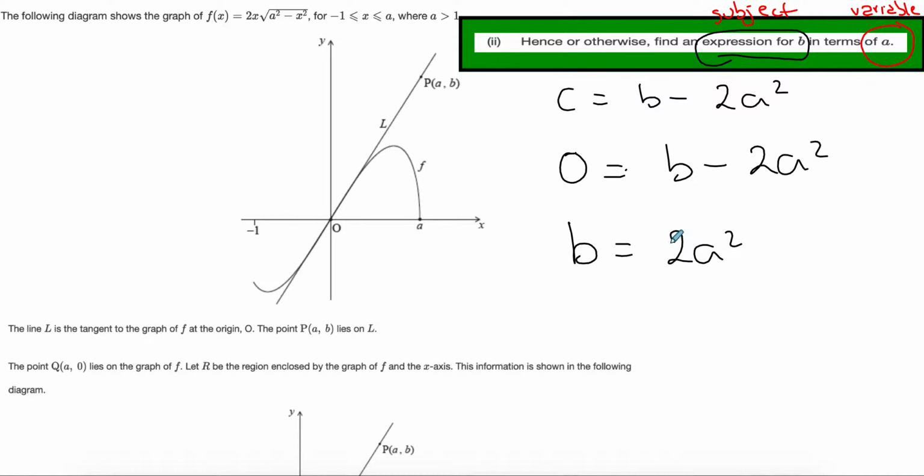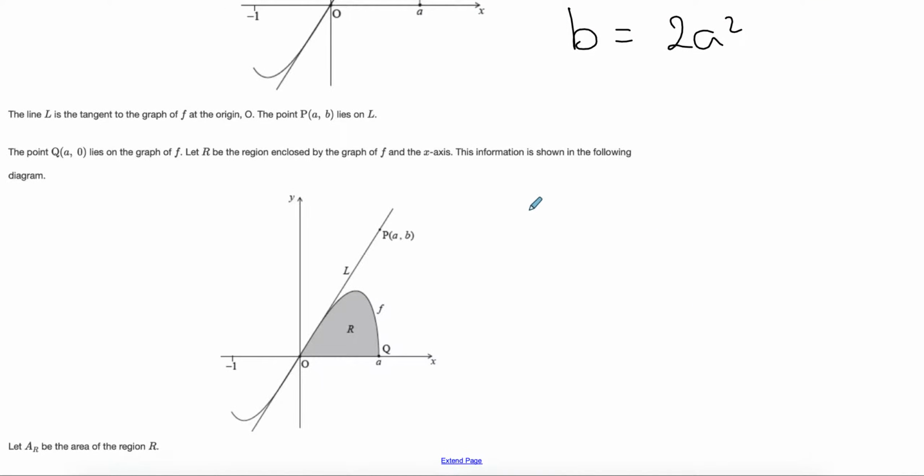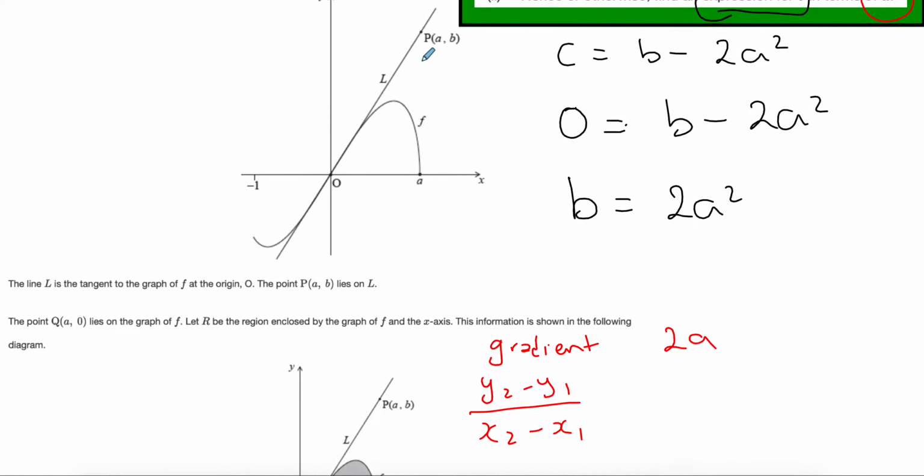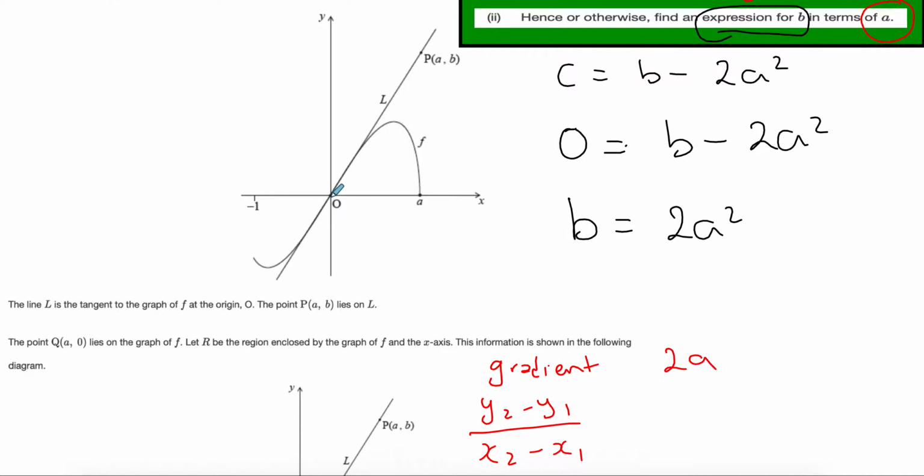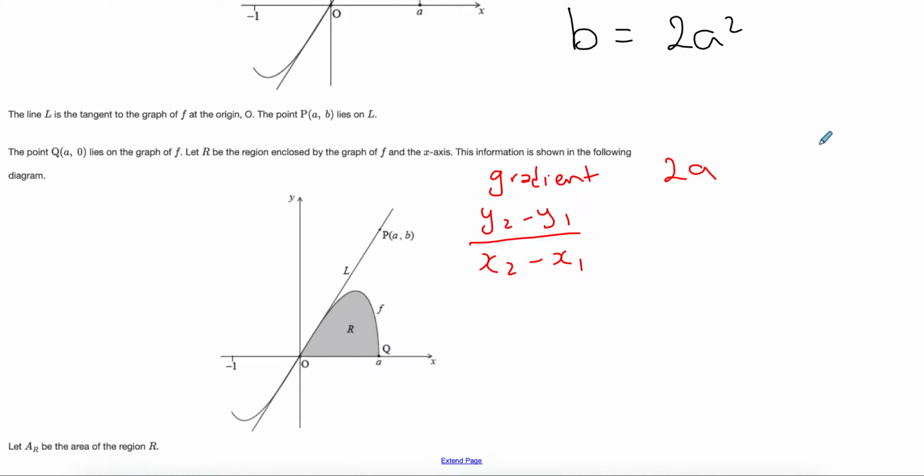Now this is one method to do it. Another method is to recognize that your gradient is 2a. And the way you find the gradient is by doing y2 minus y1, this is the typical way for linear equations, over x2 minus x1. Which means you need two coordinates, where we actually have two coordinates. One is (a, b) and the other is the origin. They both lie on the line L. So you have (a, b) and you have (0, 0).